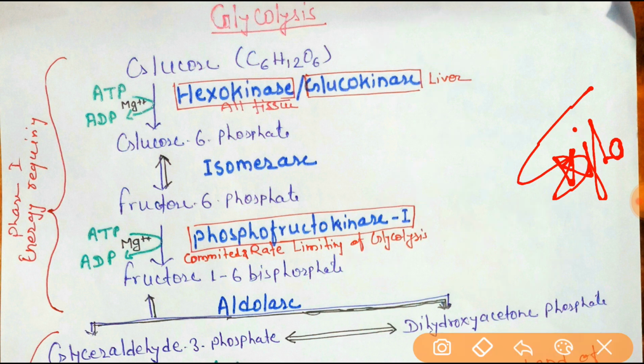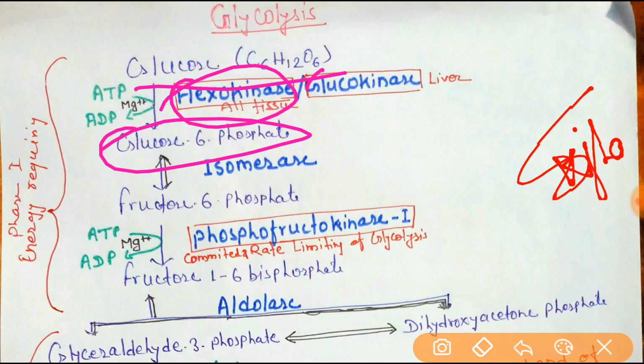Here glucose, C6H12O6, is converted to glucose 6 phosphate. The enzyme required for that is hexokinase or glucokinase. This enzymatic activity differs in different parts of the body.